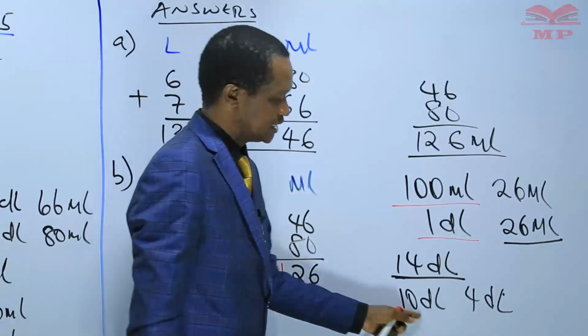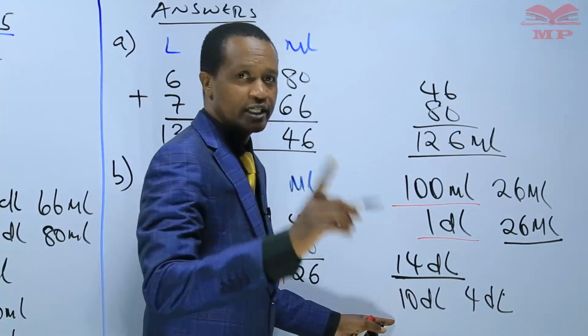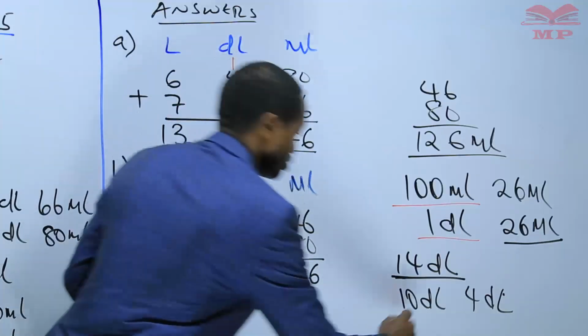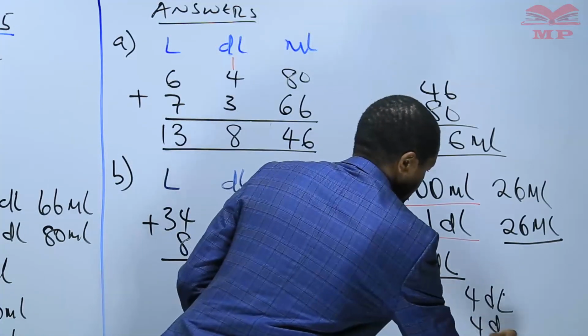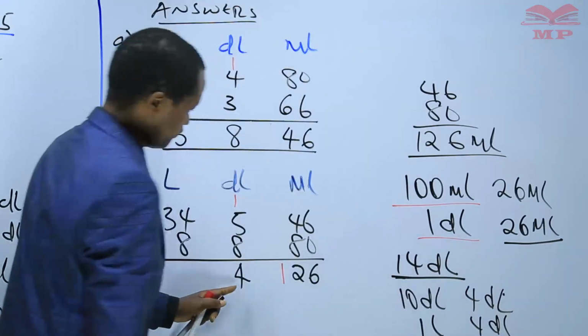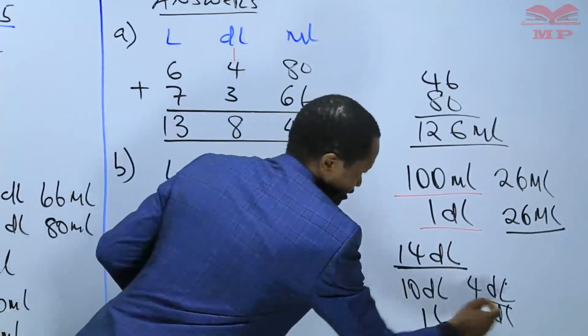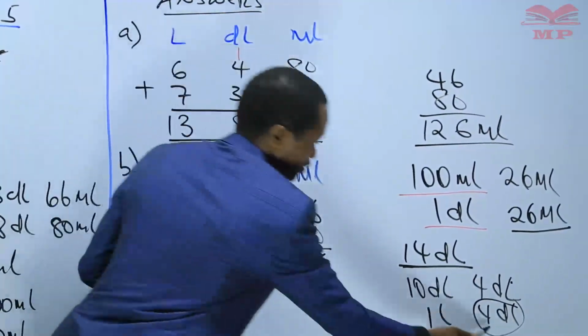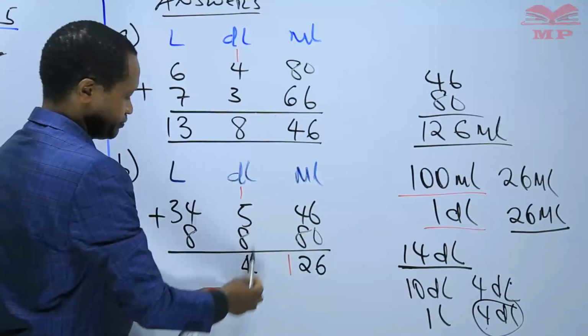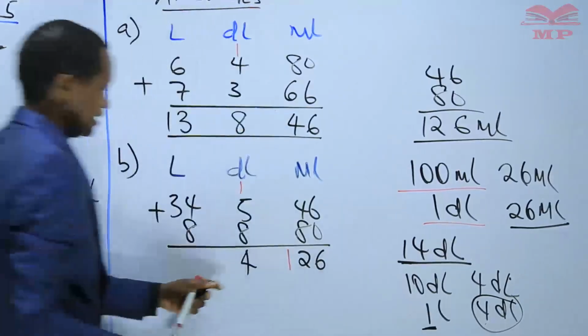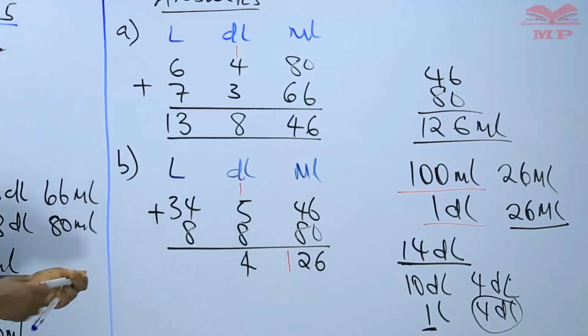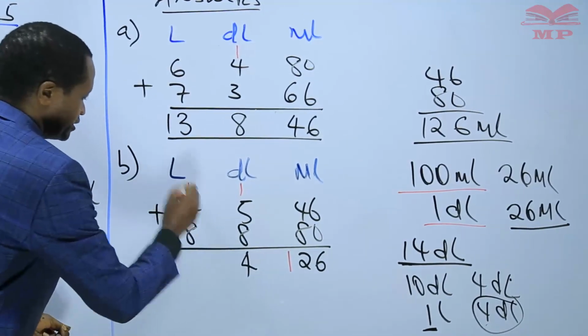So 10 deciliters is equal to 1 liter. So 1 liter and 4 deciliters. We write 4 under the deciliters column and carry this 1 liter and add it to the column for the liters.